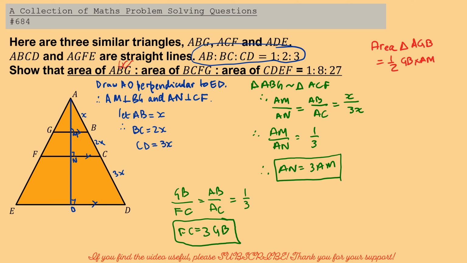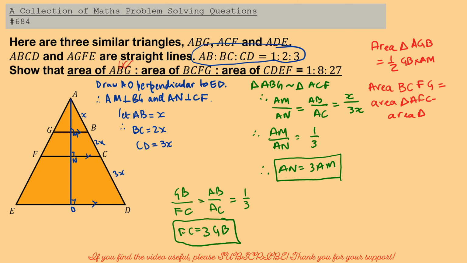I have to find the area of BCFG, so then I can write area of BCFG equals area of triangle AFC minus area of triangle AGB.